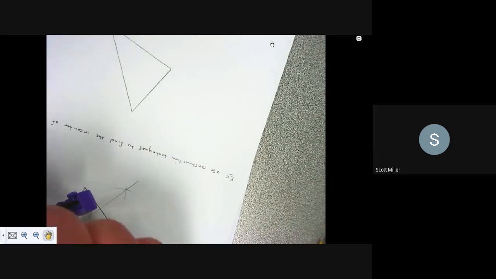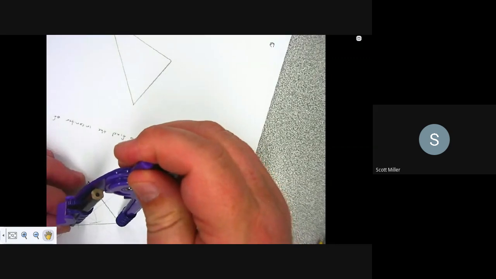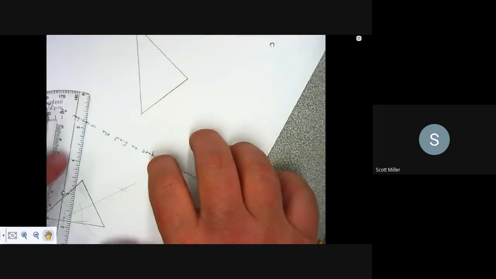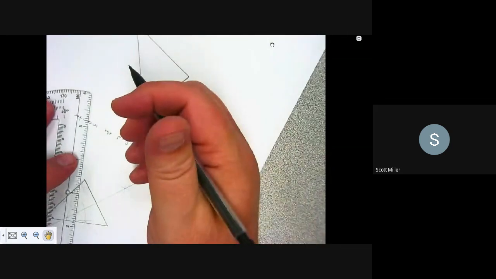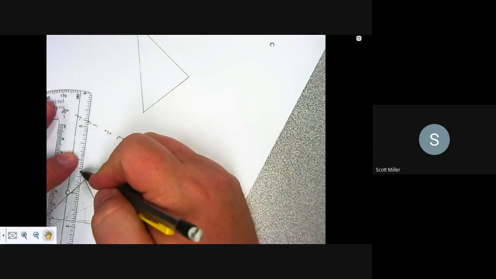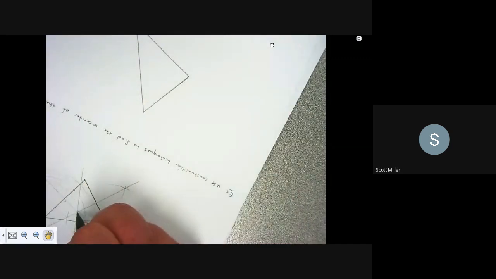More than halfway. All three of those should line up. And sure enough, they do right there. So that should be my circumcenter.